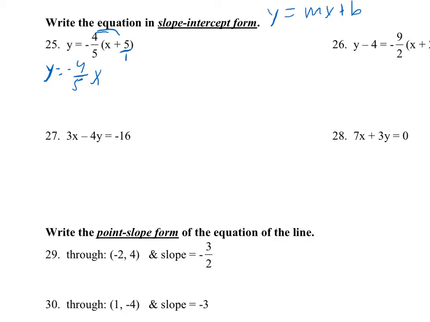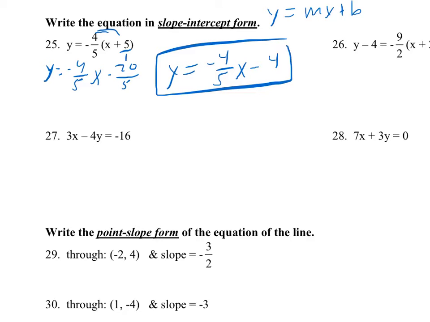So it's top times top, so I'm going to say negative 4 times 5 is a negative 20. And then the bottom number is a 5 times 1, we get 5. So our final equation will be y equals negative 4/5 x minus 4.